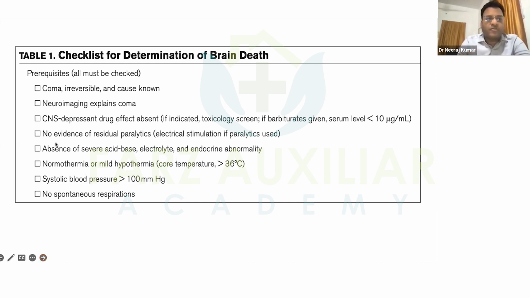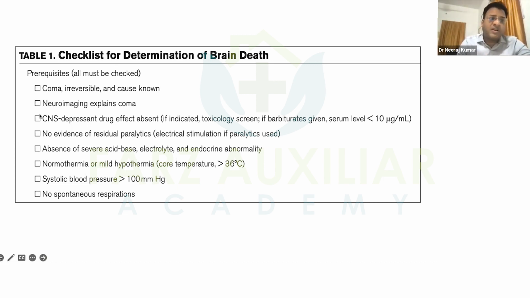So the first option, if the patient is having a central CNS depressant drug effect, whether it is absent, how will you know? If indicated, you do a toxicology screen. If barbiturate is given, the serum level should be less than 10 microgram per ml. So the serum level should be always less than 10 microgram per ml.